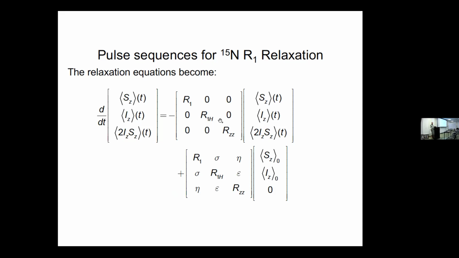And then we're potentially left with the cross relaxation between R1H and two-spin order. From the standpoint of measuring R1, we wouldn't care if these two were cross-relaxing with each other. The important thing is that we isolated R1 of the nitrogen from everything else. They're cross-relaxing. It doesn't matter.